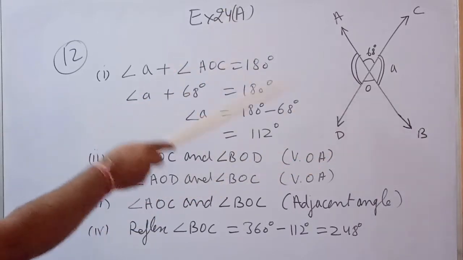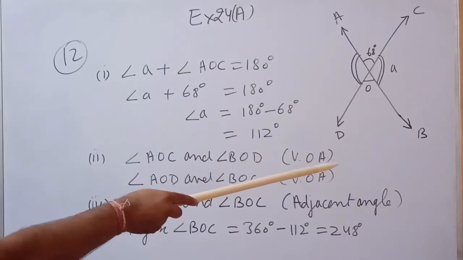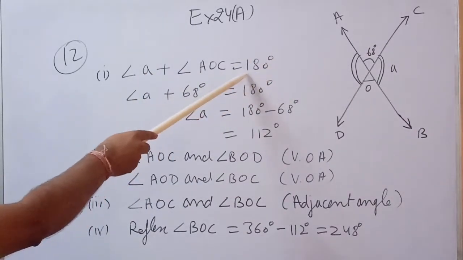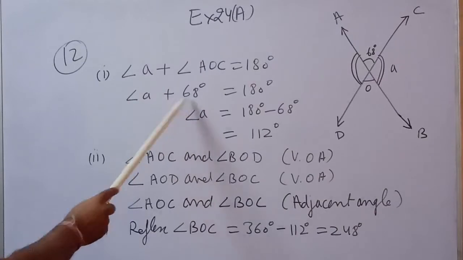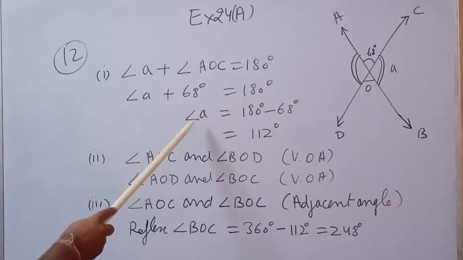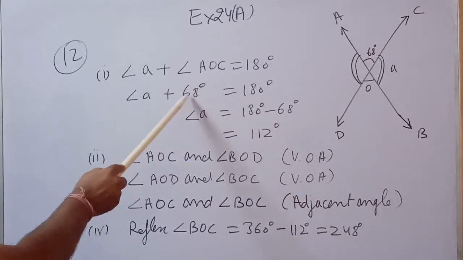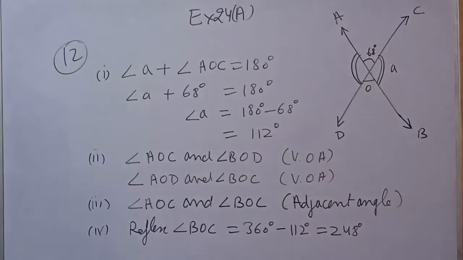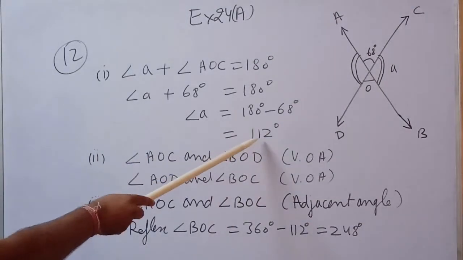Why 180 degrees? Because of the straight line. So angle A plus angle AOC equals 180 degrees, or angle A plus 68 degrees, as angle AOC is 68 degrees. So therefore, angle A equals 180, 68 will subtract from 180, gives 112. So we got the value of A equal to 112.